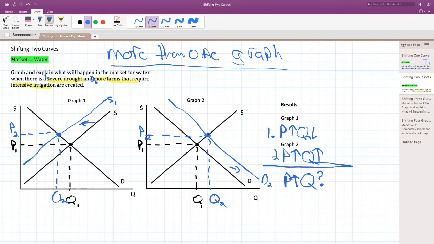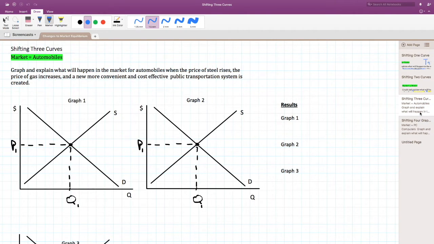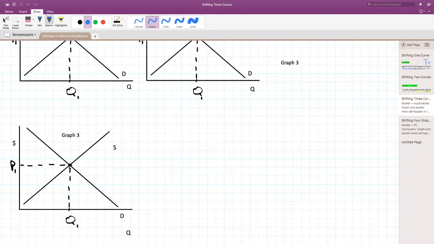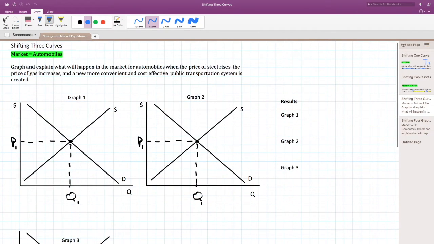Now you could just as easily do 2 shifts as you can 3. So here we have a new market. Now when I do 3 or more shifts, it's again important I use 3 or more graphs. Okay, so however many shifts there are, that's how many graphs I want to use.